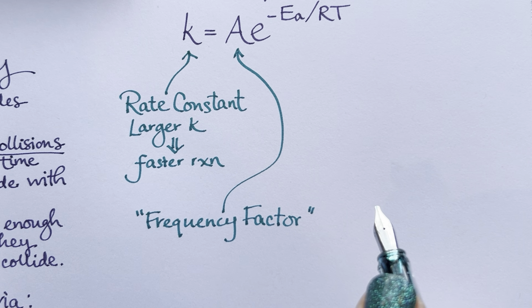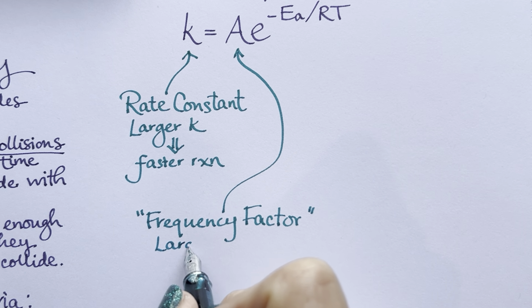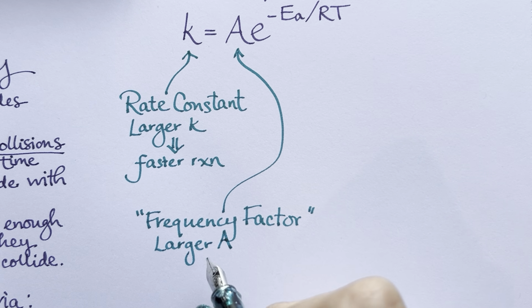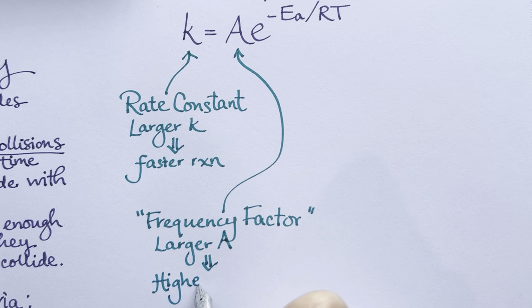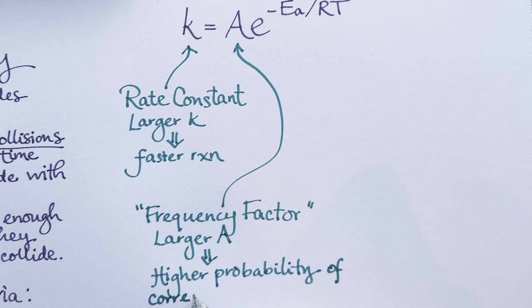This is related to this idea of orientation, and a larger A value corresponds to higher probability of the molecules colliding with the correct orientation. So I'm going to try to write this concisely. Correct orientation.